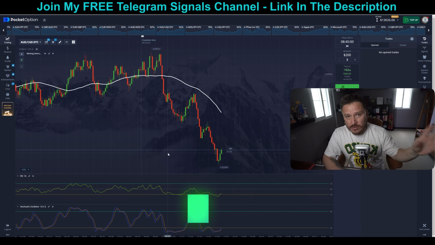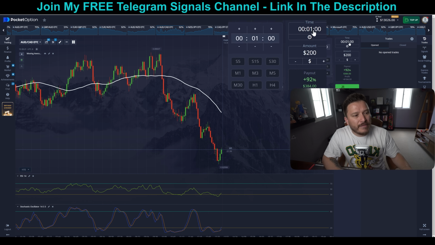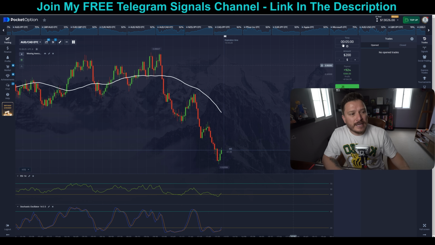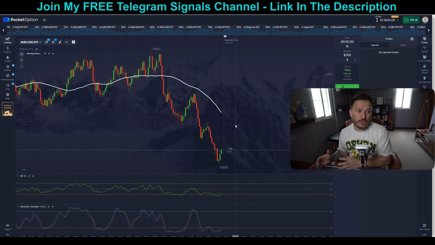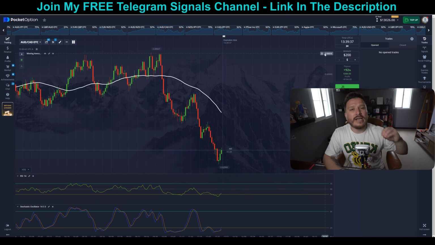First of all, I'm going to be using Pocket Option as an example, but you see this little flag right here. If you click it, you're going to have an exact expiration time. So if you select 5 minutes, this means that at the moment I place the position, the trade is going to take 5 minutes to expire. But this is not the way this strategy actually works. If you click one more time on this little sign, this means that you have an actual expiration time zone for the trade.